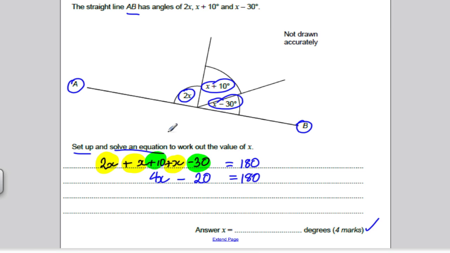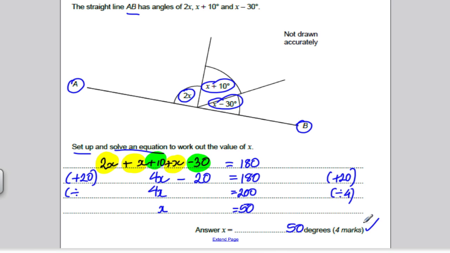Now we've got a two-step linear equation to solve. Add 20 to both sides to undo this subtract 20. We get 4x is therefore 200. And divide both sides by 4. Write down to the examiner what you're doing. Divide both sides by 4. You get x is therefore 50. So the answer is 50 degrees.